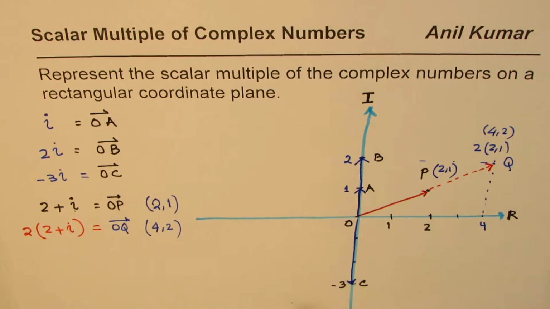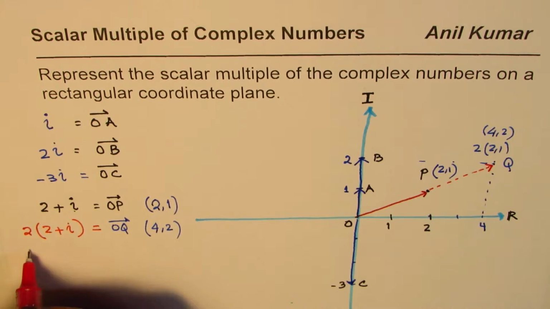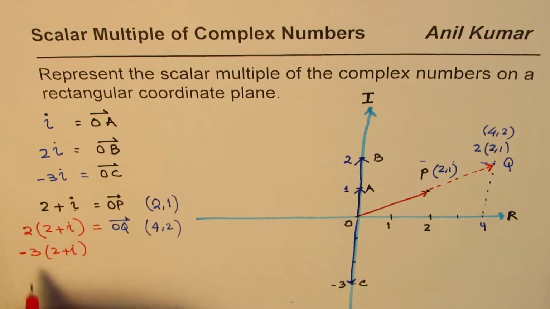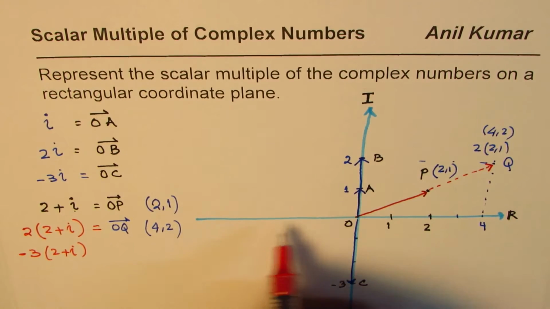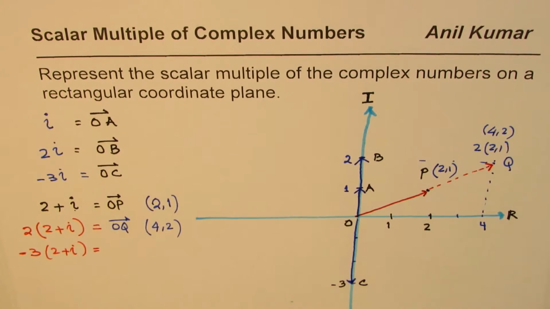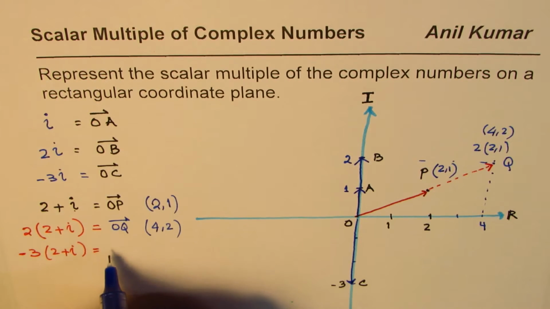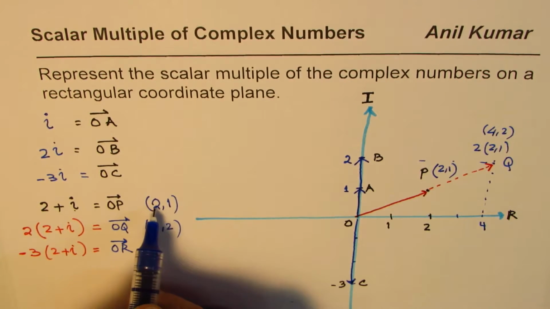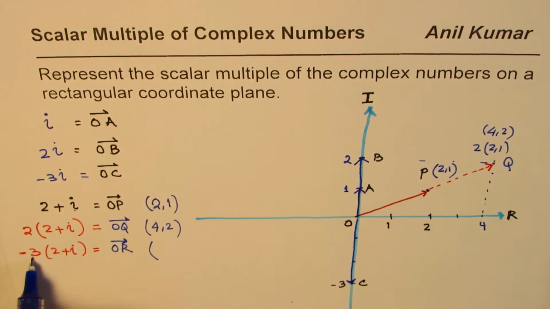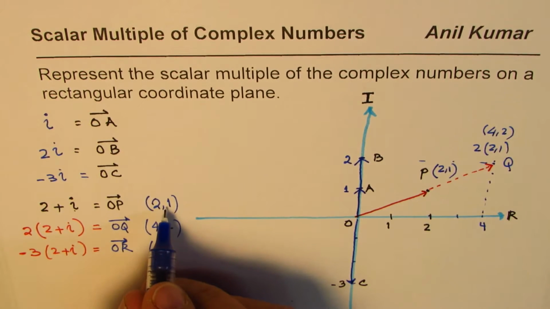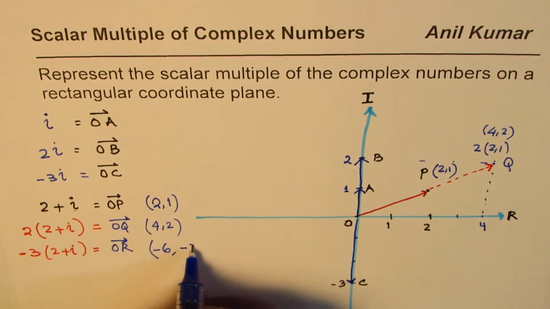Let me also show what this will be if I write it as minus 3 times 2 plus i. If the scalar is negative, then it should tilt to this side. Let's say we want to represent it by OR. Then the coordinates of OP, which are 2 and 1, will get multiplied by minus 3. Minus 3 times 2 is minus 6, and minus 3 times 1 is minus 3.